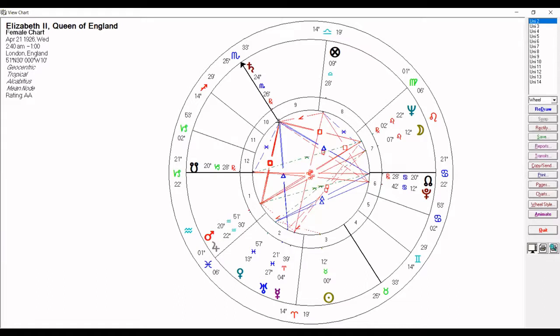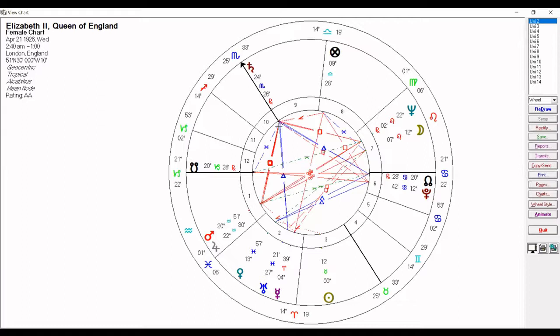Now, if it weren't the first house and the 10th house, that square would be expressing itself some other way, and as a result, that would end up shifting the narrative of the chart, right?